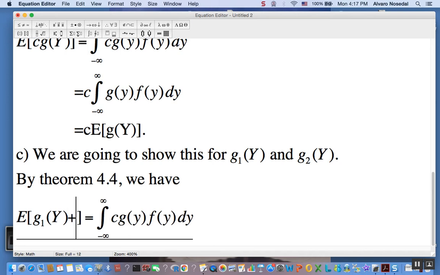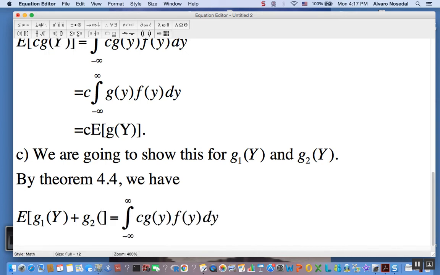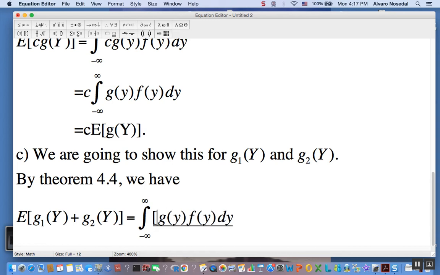evaluated at y plus g2 at y, okay, which means that here we will have g1 at y plus g2 at y times the PDF of our random variable y. Make sense? You agree? Okay.